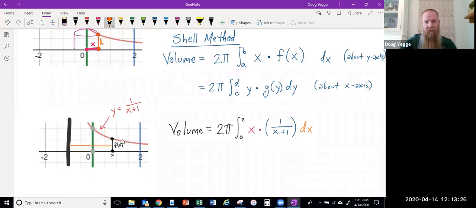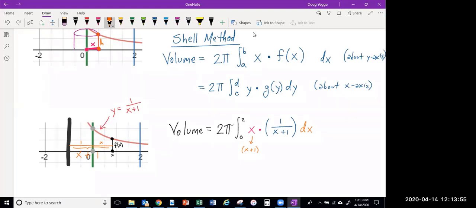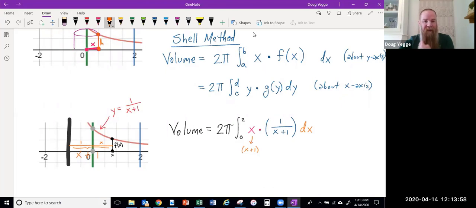So the only thing in this formula that would actually change is that the pivot is going to be x and an extra 1. So this x value, or this radius, would now be x plus 1. So the only thing that would change would be this thing, which would become x plus 1, which would be interesting because that would be even easier to integrate since it would be x plus 1 over x plus 1, which is 1. So yeah, you could absolutely still do the shell method even if there's a gap.